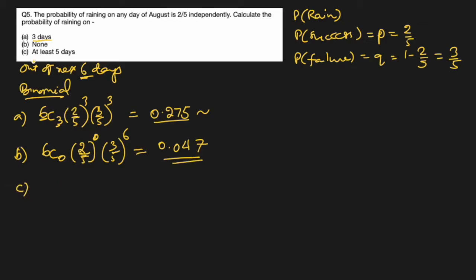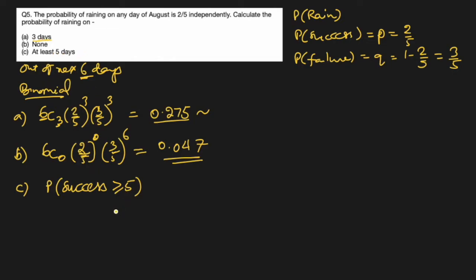C. At least 5 days out of 6. So the probability that success is at least 5 days. That means it is equal to or more than 5. 5 and 6. Out of 6 days, it can rain on 5 days or 6 days.